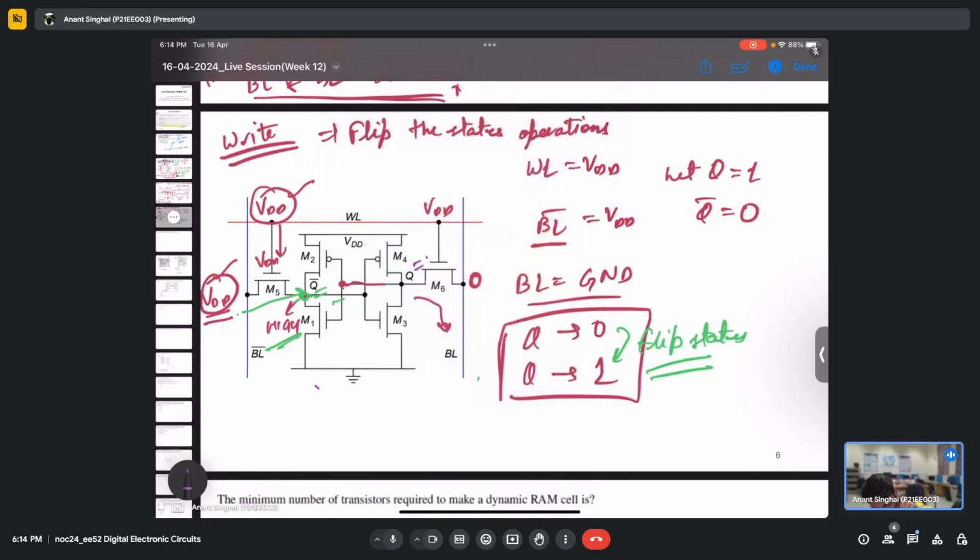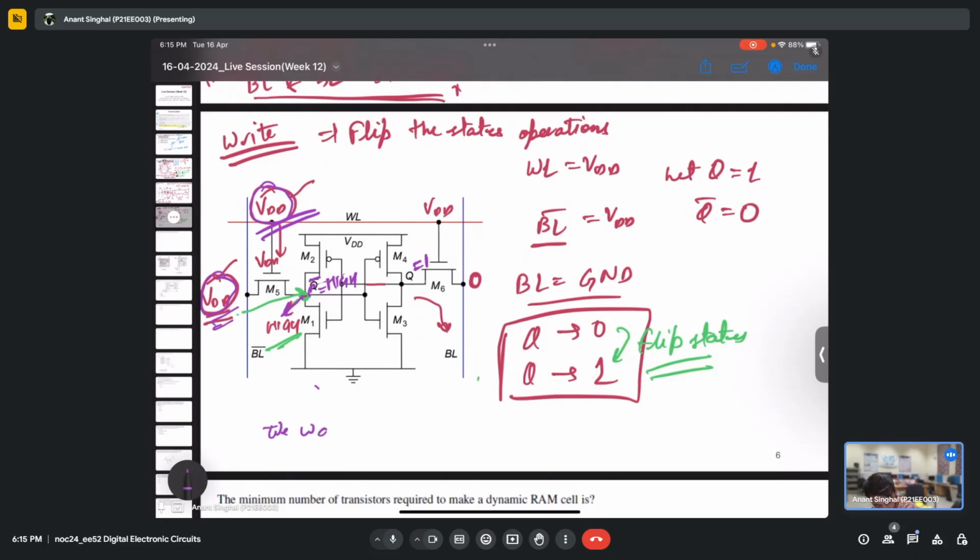Let's say we have Q as 1, and once we give VDD and VDD here, which is the operation for write, this Q complement node will become high. What is the objective?